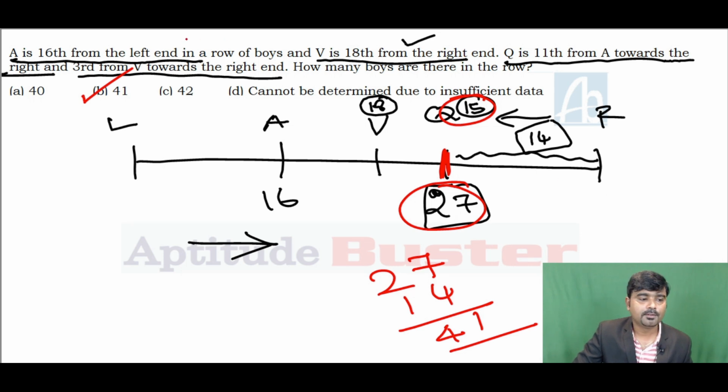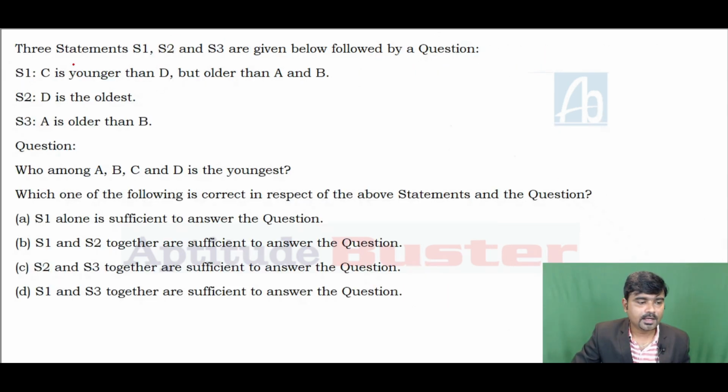27 plus 14, 41. Three statements S1, S2 and S3 are given below, followed by a question. Statement 1. C is younger than D but older than A and B. S2. D is the oldest. S3. A is older than B. Question. Who among A, B, C, D is the youngest?